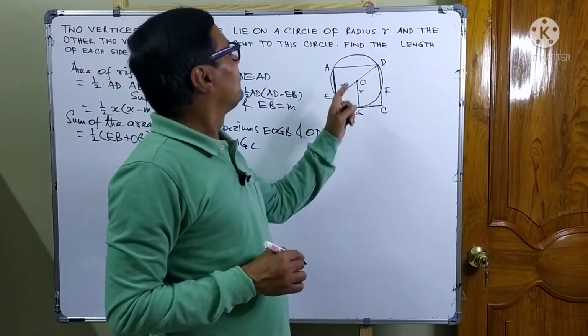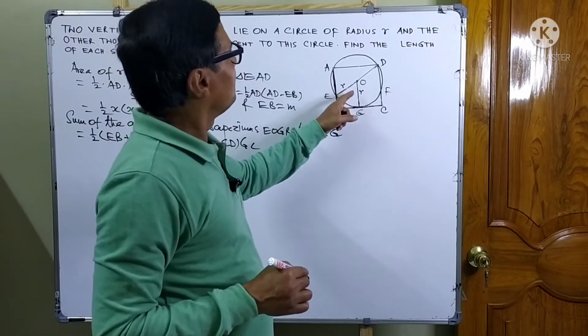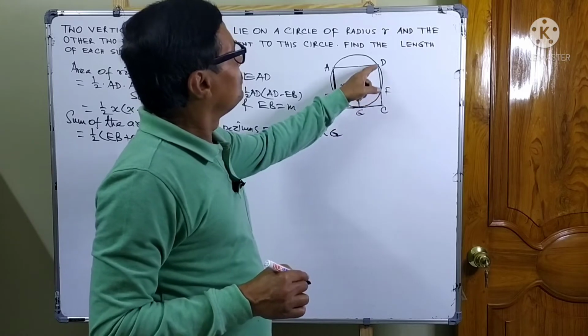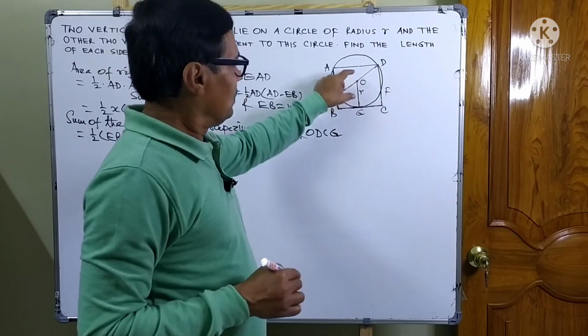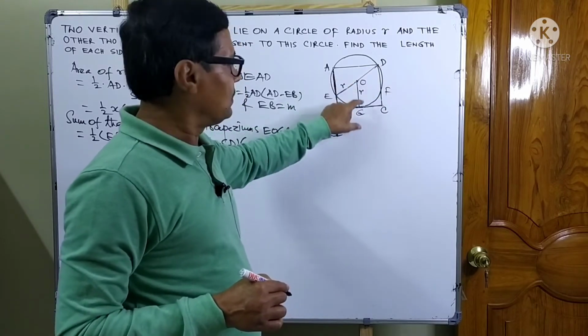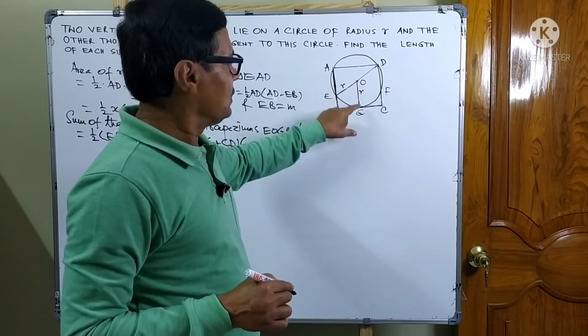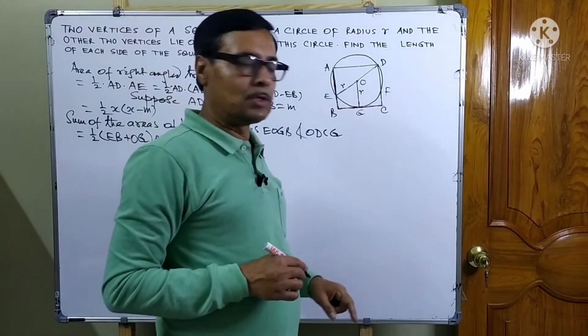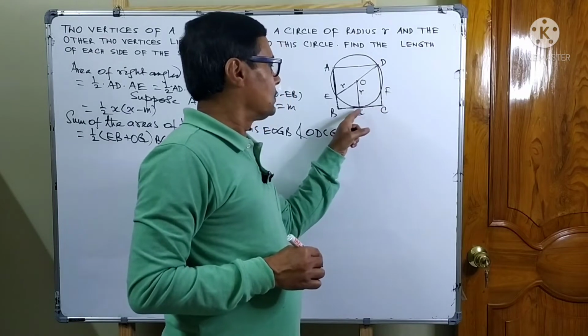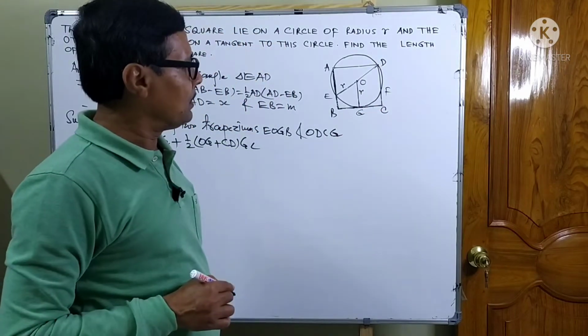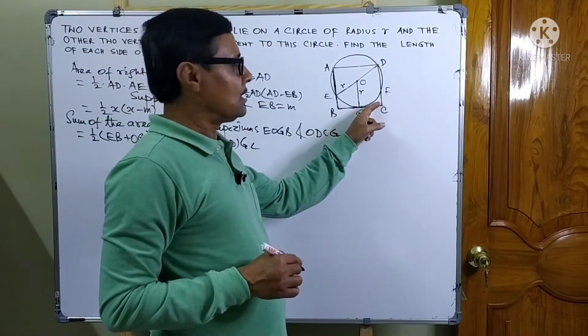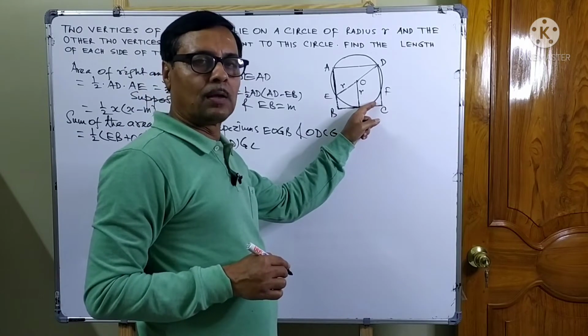By the same logic, we can say that OG is also parallel to DC because OG is a radius passing through the point of contact. OG is perpendicular to the tangent BC and CD is also perpendicular to the tangent BC because this angle is 90 degree, because this is an angle of square.